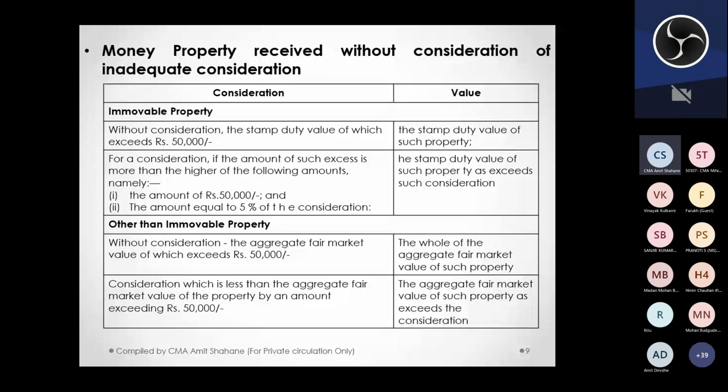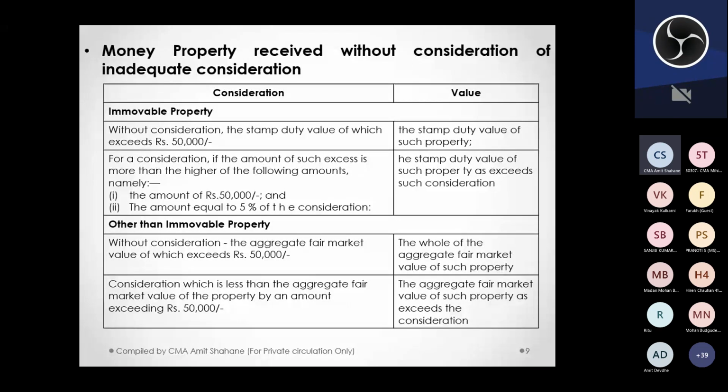Then in that case, the entire amount by which the stamp duty value exceeds the consideration becomes your income under income from other sources. Now, for immovable property, that is land or building, there is always a stamp duty value available.